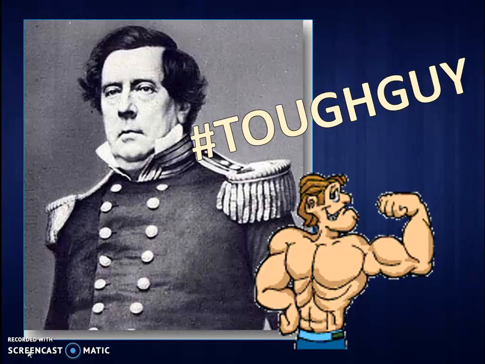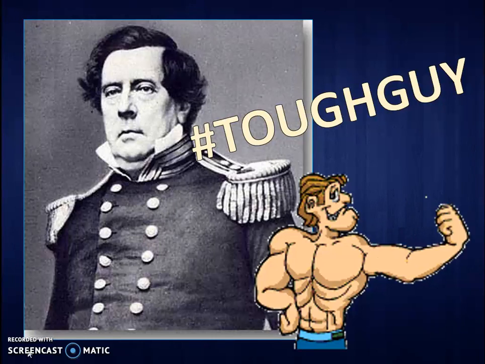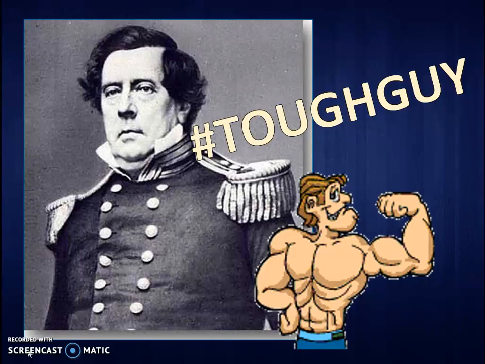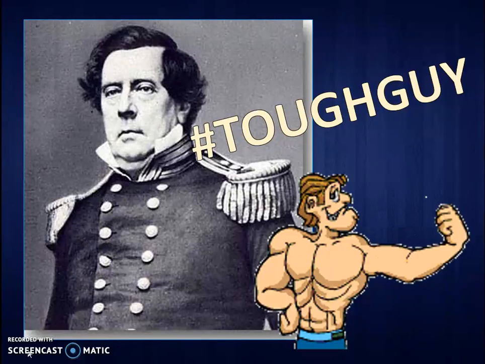And he was very respected, and Fillmore knew that he would be taken very seriously. So he gave Perry some directions to go to Japan, to share a letter that he had written with the Japanese leader, and to use gunboat diplomacy if needed, meaning he should be comfortable using the threat of force to accomplish President Fillmore's goals.